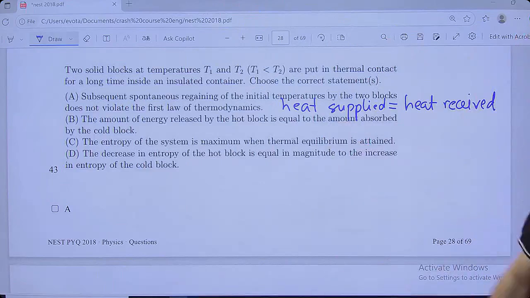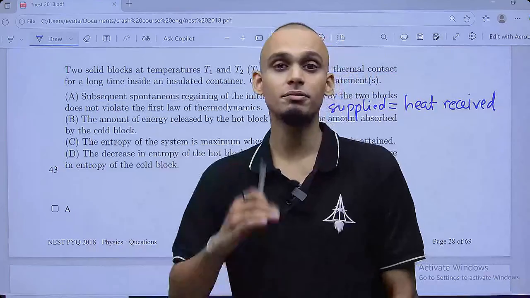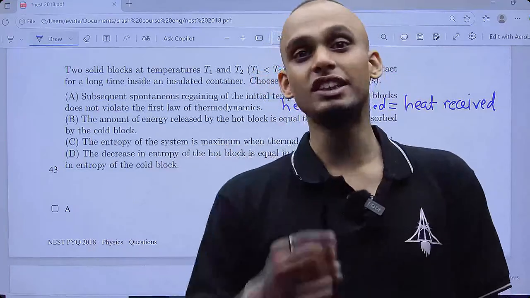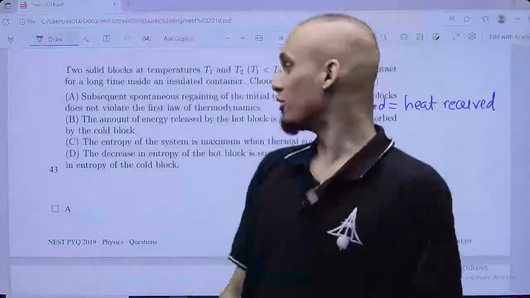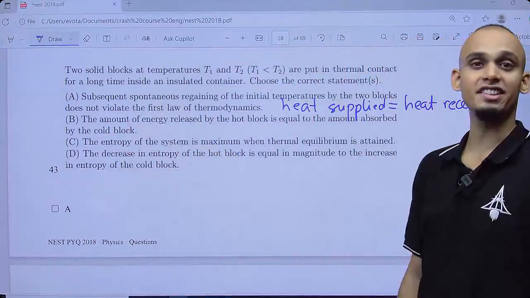Option C says that entropy is maximum when thermal equilibrium is attained. When thermal equilibrium is attained, entropy of the system cannot increase beyond that. Why? Because if it increases beyond that state, then that means that the system is going into a more stable state. Which is the most stable state that the system can be?